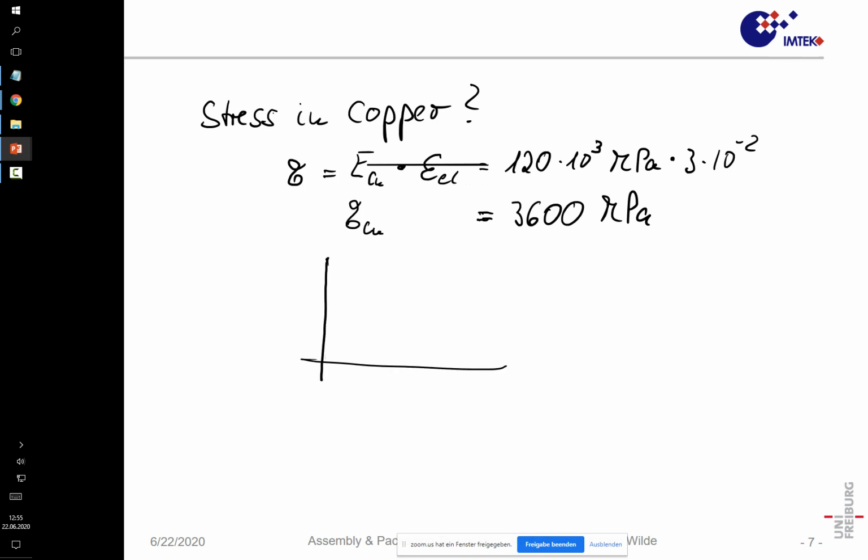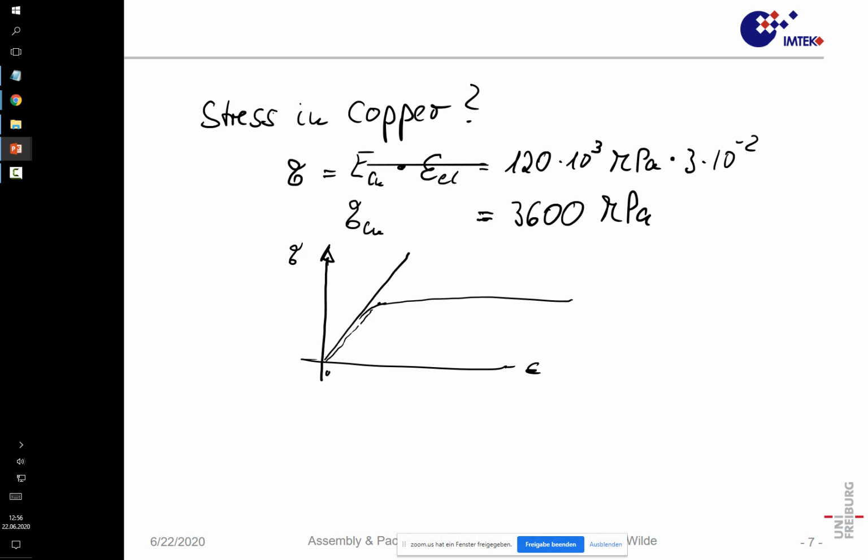So normally here we have the Young's modulus, stress, strain, but typically we have, for instance, that offset here when it yields.